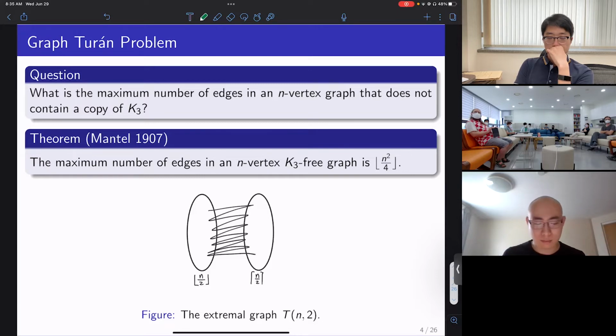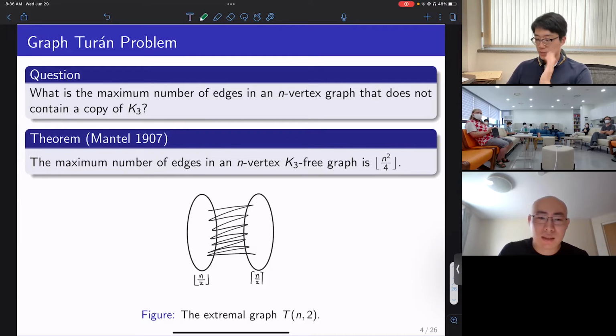So bipartite graph means your vertex set has 2 parts, and you only allow edges crossing these 2 parts. And the notation we used for this particular bipartite graph is T(n,2). Here, n means you have n vertices, 2 means you have 2 parts.